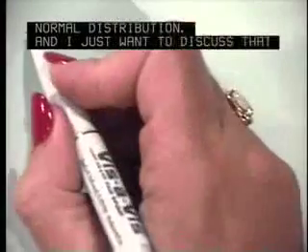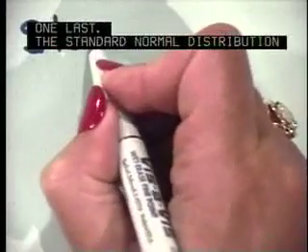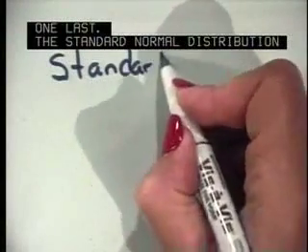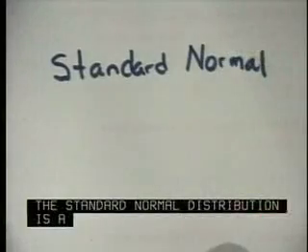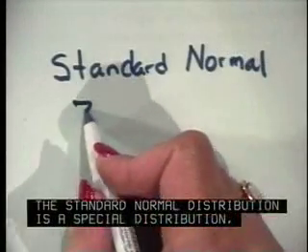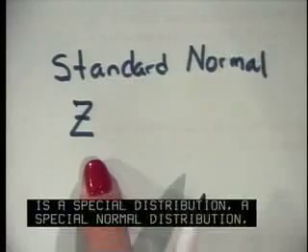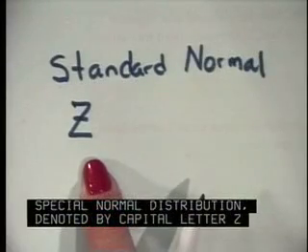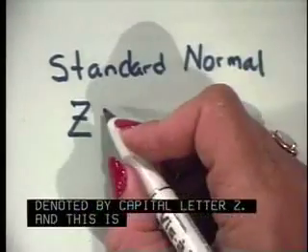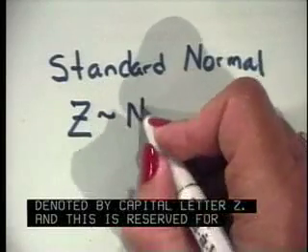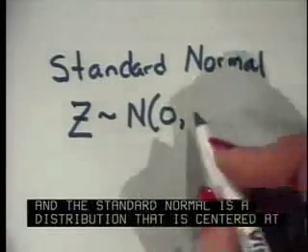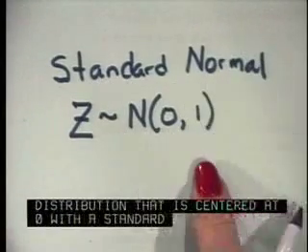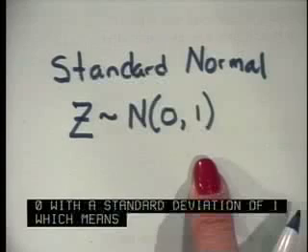The standard normal distribution is a special normal distribution denoted by capital letter Z. And this is reserved for the standard normal. And the standard normal is a distribution that is centered at 0 with a standard deviation of 1, which means that the variance is also 1.